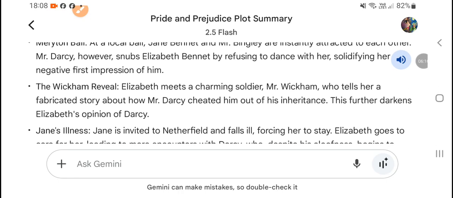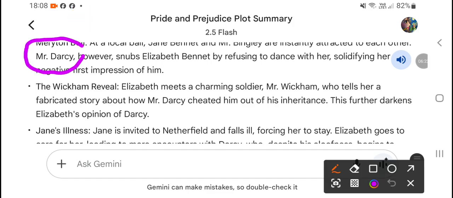Now Mr. Darcy, however, snubs Elizabeth Bennet. Mr. Darcy is sitting, he is not dancing. So Mr. Charles Bingley suggests he dance with Elizabeth. She is also sitting, so you can invite her.